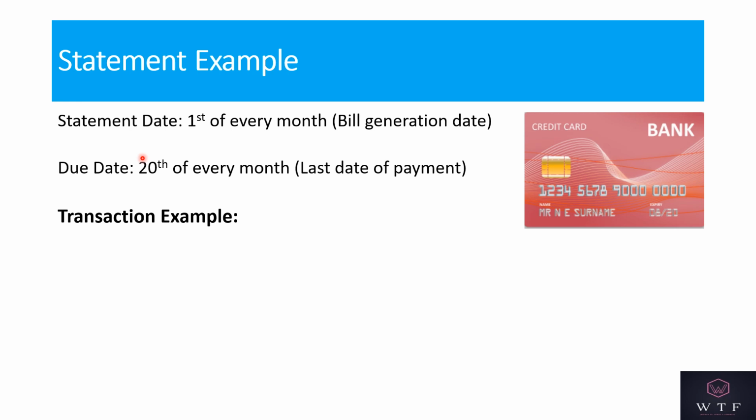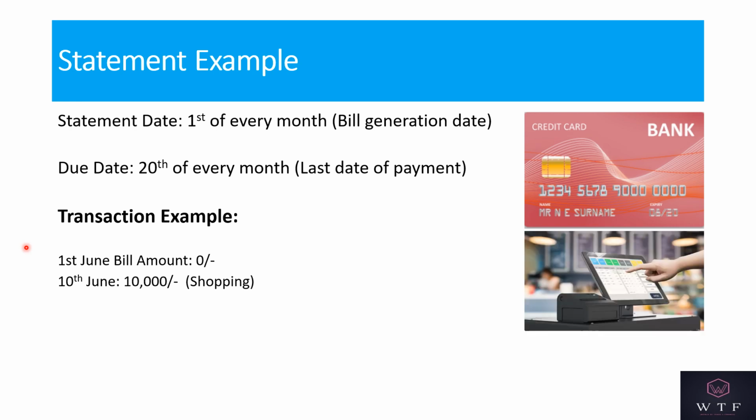So let us understand with an example. Let us say on the 1st of June, you have not used your credit card at all and your bill amount is zero. Say on the 10th of June, you go to a mall and do some shopping and you spend 10,000 rupees.